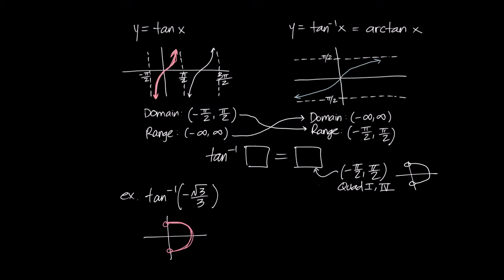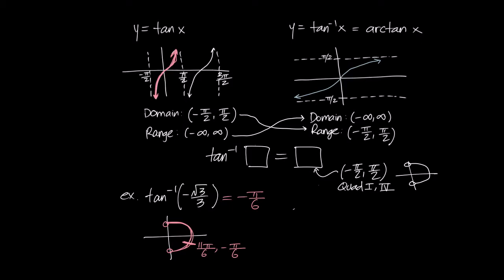You should come to the conclusion that it's this angle right here closer to the x-axis, 11 pi over 6. However, 11 pi over 6 is not in the interval negative pi over 2 to pi over 2, so we have to call this by a different name, negative pi over 6. So this is equal to negative pi over 6, not 11 pi over 6.